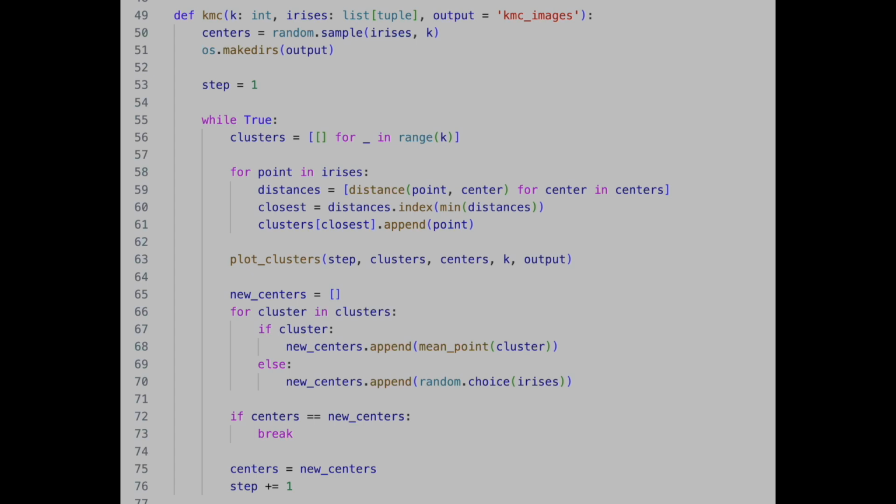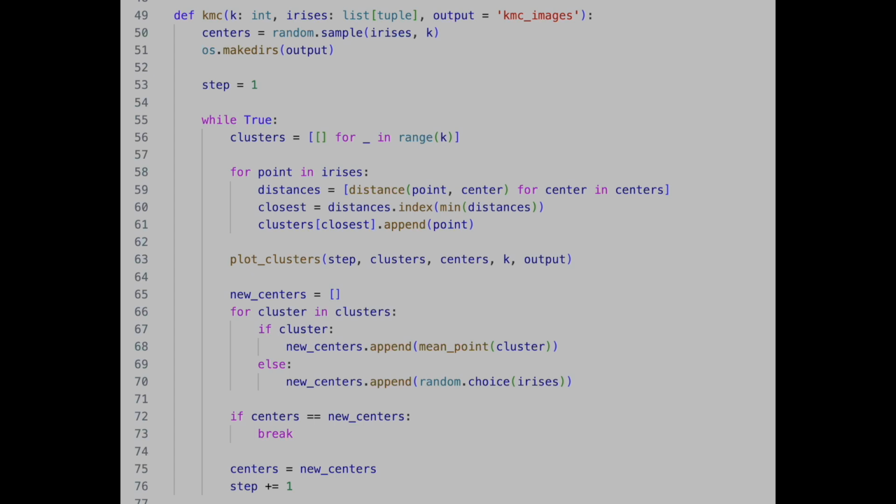The KMC function runs the k-means clustering algorithm. First, it randomly picks k starting points as centers for the clusters. Then it goes through many steps where it groups each flower into the nearest center based on distance and draws a plot of the current clusters, and finally updates each center by calculating the mean position of its group.